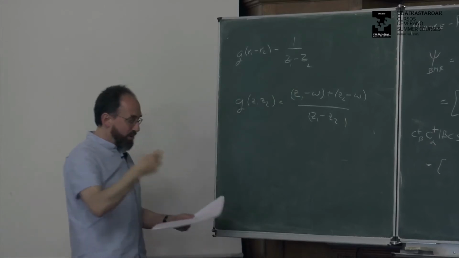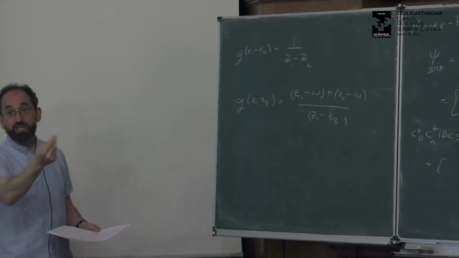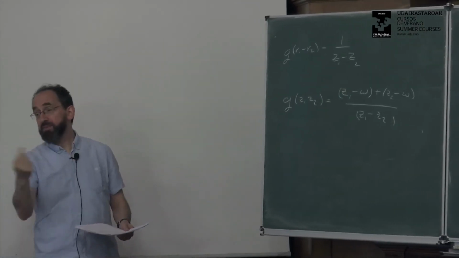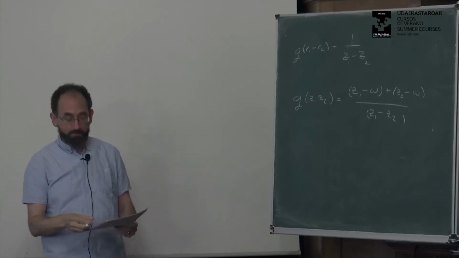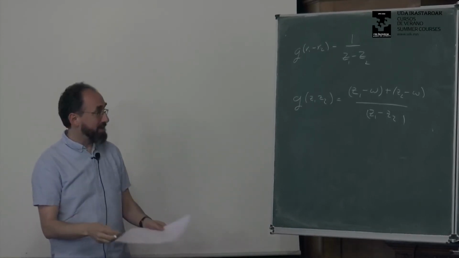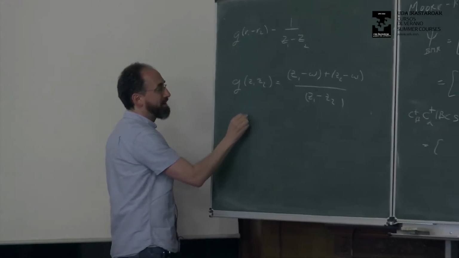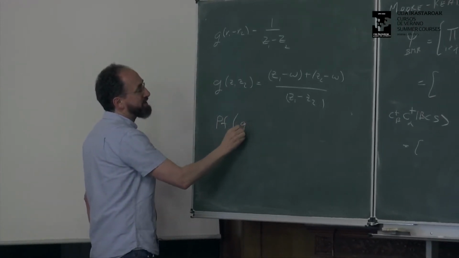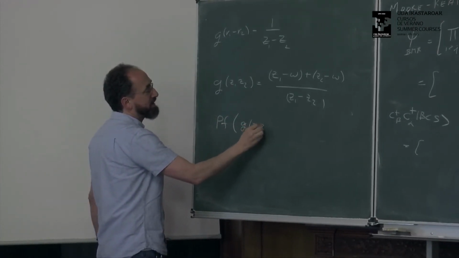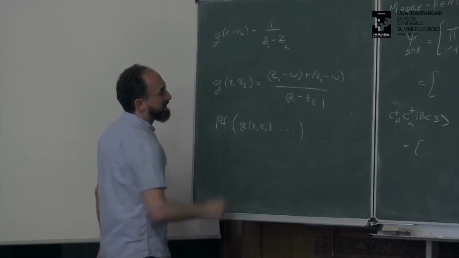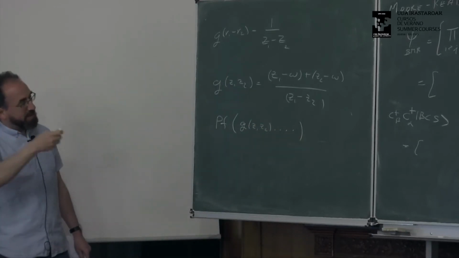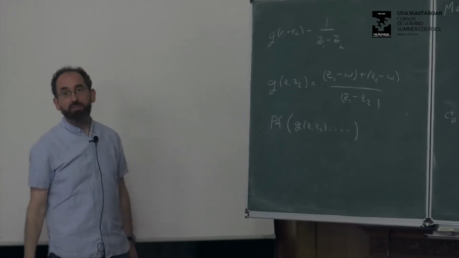As I take both of them around the position w, I'll pick up a phase of 2π. Okay? So then I can just take the Pfaffian, this anti-symmetrized product of these g's, and that will give me a vortex at position w.